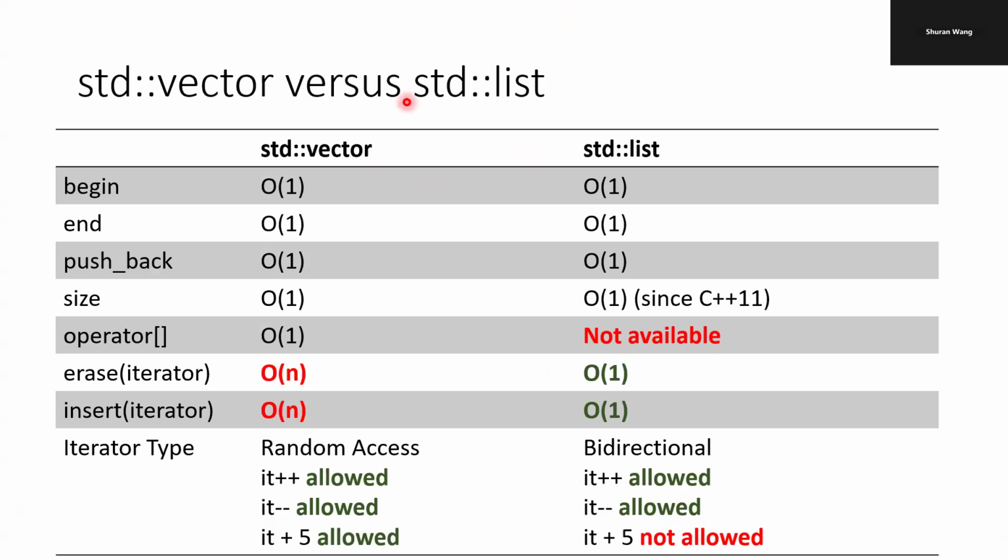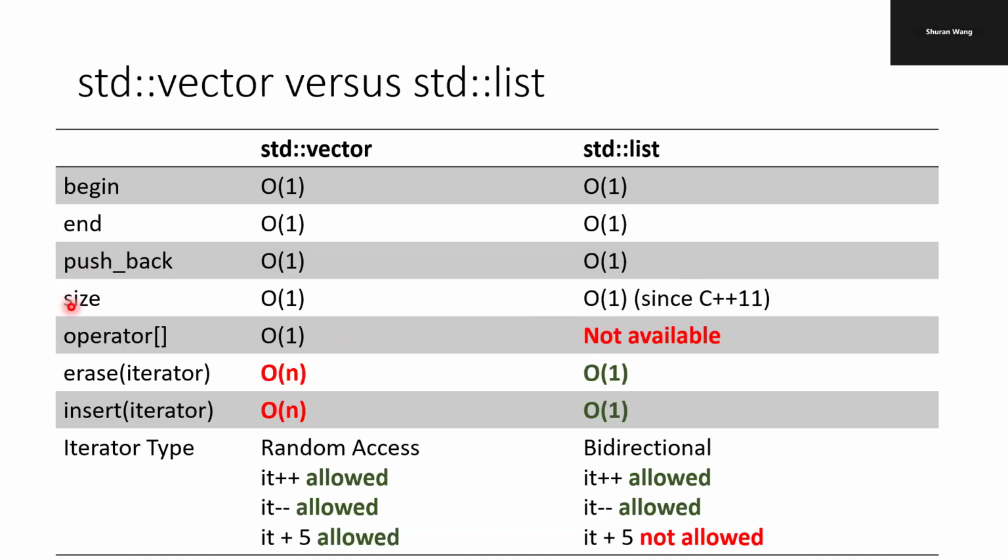Comparing vector with list, the begin and end functions that return iterators take O(1). Push back takes O(1). Size takes O(1), and the size function is only supported since C++11. If you happen to use an older C++ compiler, which I doubt, you will not see the size function.